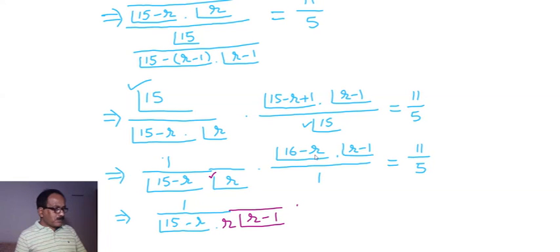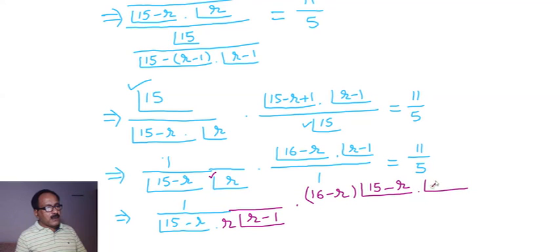Here 16 minus R, take outside from this factorial. Then inside the factorial we will have 1 minus. So 15 minus R into factorial R minus 1 upon 1 is equal to 11 upon 5.